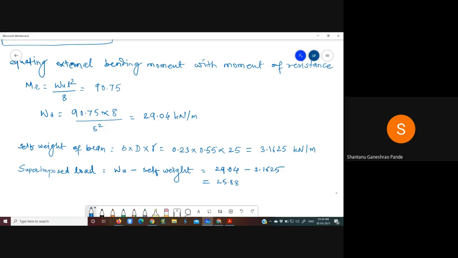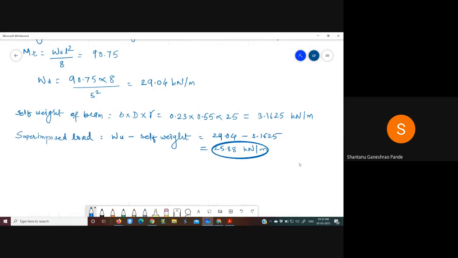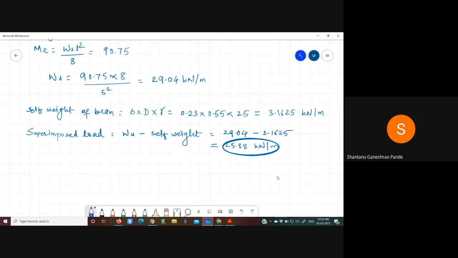Make it 25.88 kilonewton per meter. Now this is the superimposed load which can be carried by the beam.